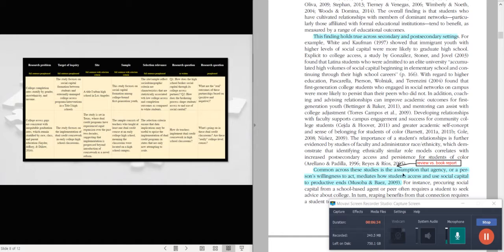Common across these studies is the assumption that, again, the idea is that we reviewed the literature not as a book report. This study says this, that study says that. We are taking the time so that the reader doesn't have to read all, in your case, 20 studies in order to understand and discern what you want them to discern.